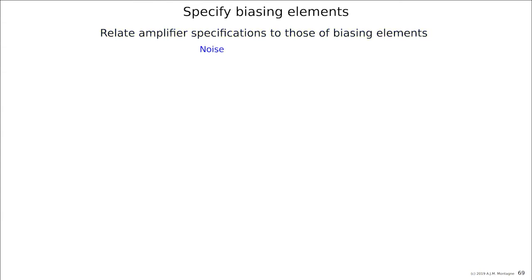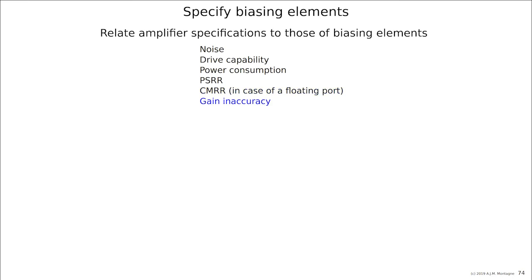And there are a lot of relevant amplifier specifications involved. Of course, the noise, the drive capability, the power consumption, the power supply rejection ratio. That has to do probably with the impedances that we are inserting there. The common mode rejection ratio, in case, and this is not in the picture that I've shown, we have a floating input or output port, and the gain inaccuracy, and the weak nonlinearity and the temperature dependency.